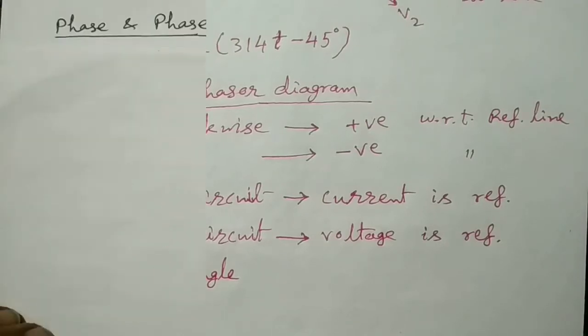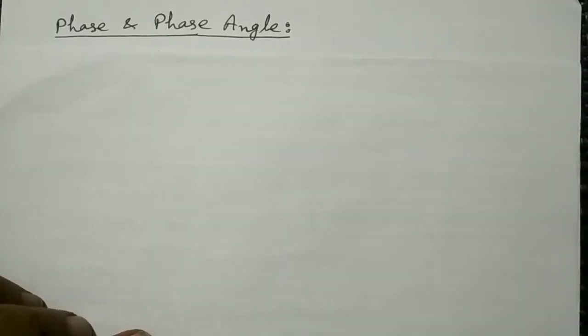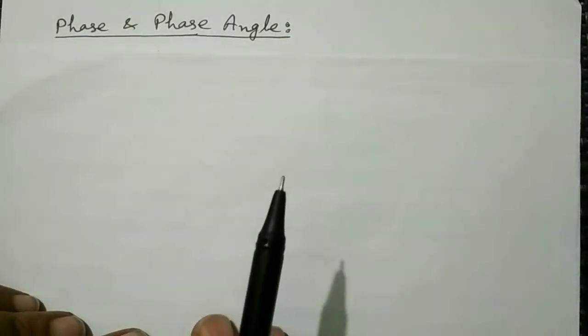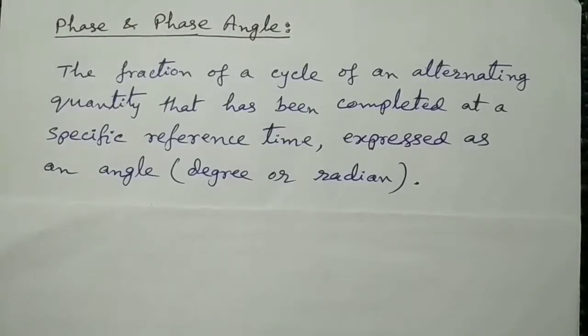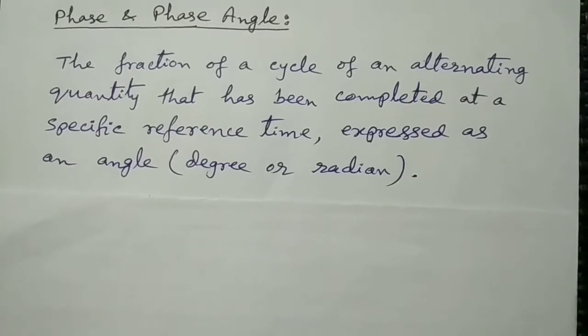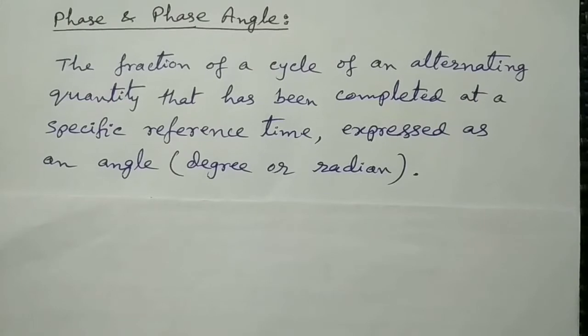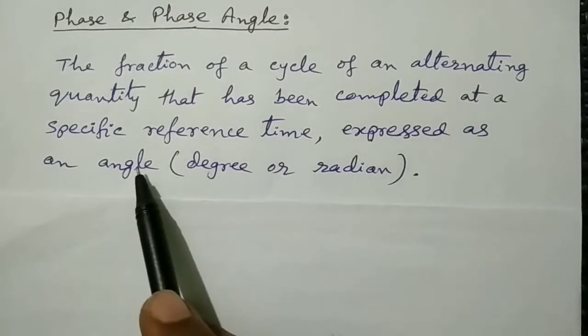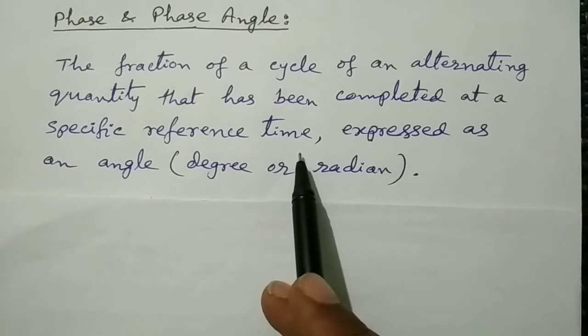Okay. Now related to the phasor diagram, we have to define some terms also. So the first term here is phase and phase angle. The phase is the fraction of the cycle of an alternating quantity that has been completed at a specific reference time.